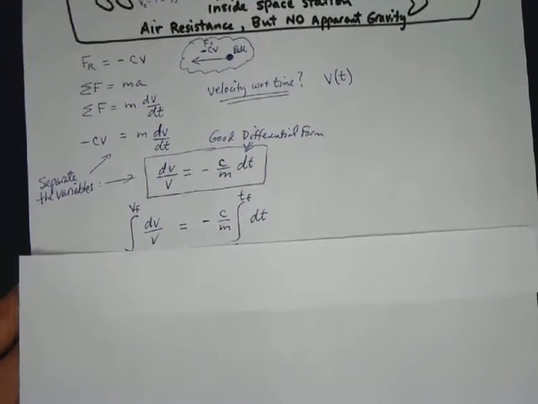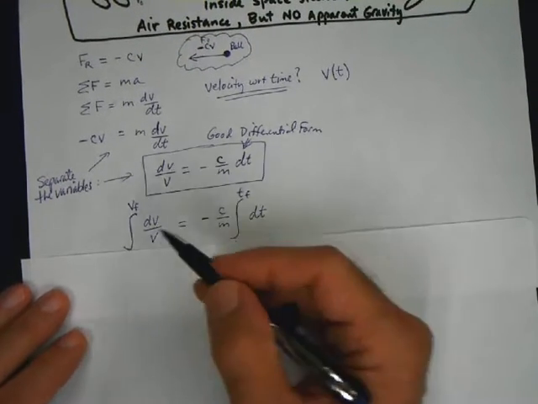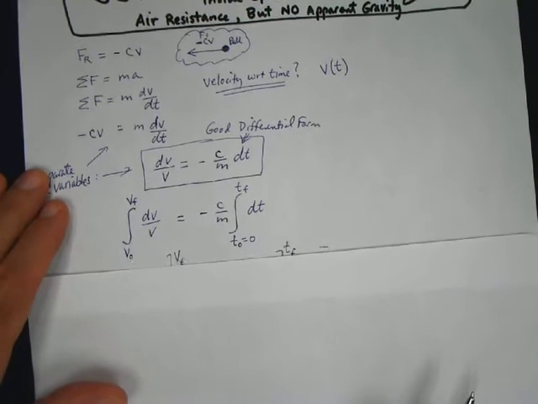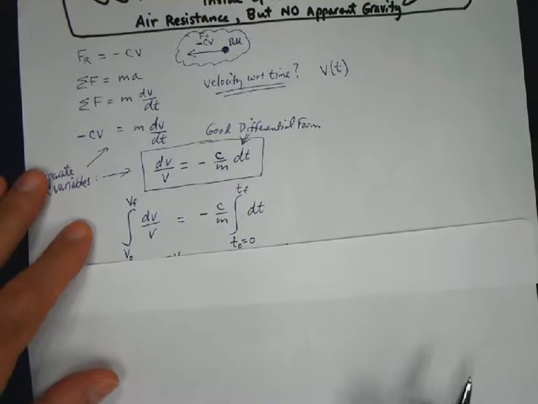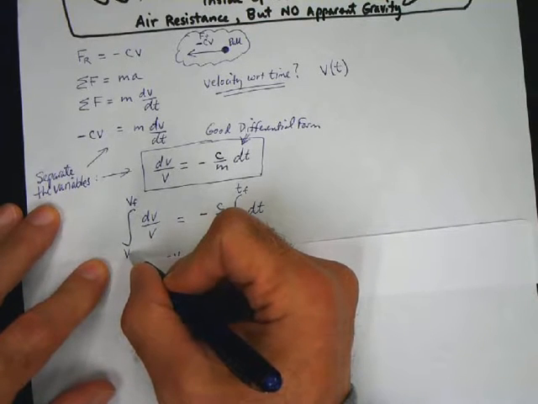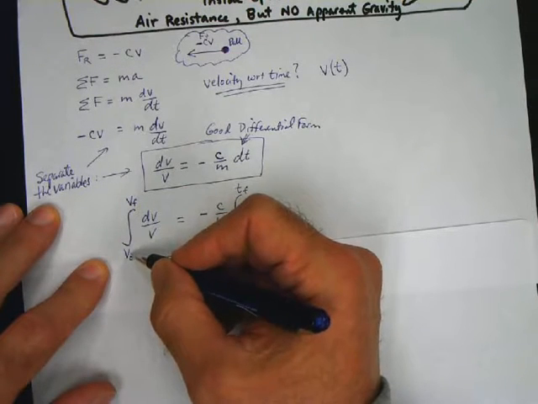Okay. Now we're ready to integrate both sides. If we integrate this, we can solve for velocity as a function of time. So we'll take the integral of dv over v from v naught.